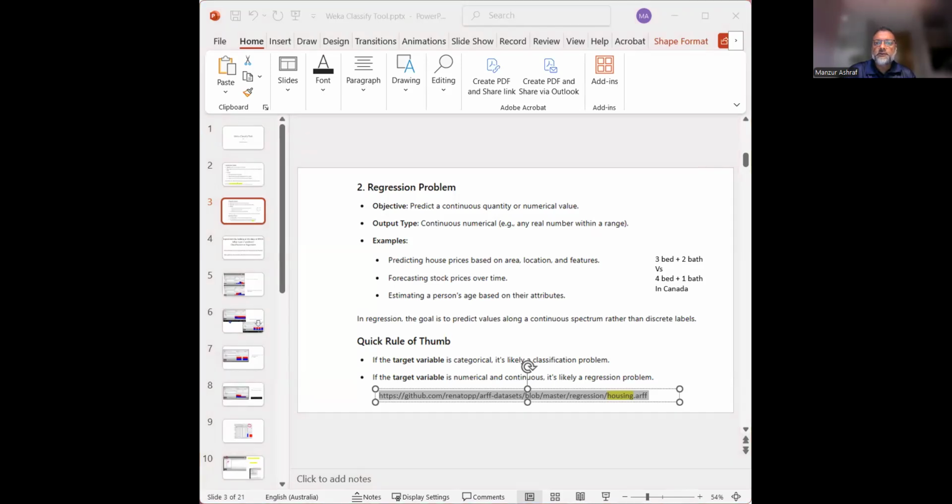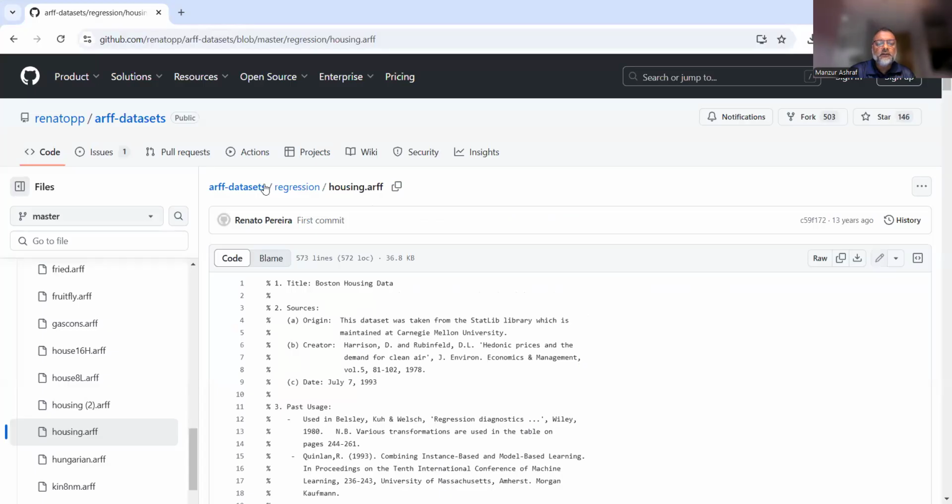And then I'll share that. Okay, so I'm sharing that screen. And then if we look at the data set here, of course, in the PowerPoint slide, this data set is given, right? So this is the housing.arff file.